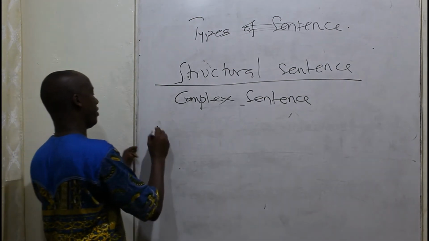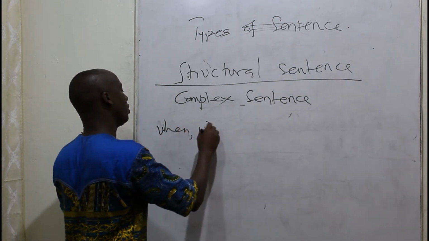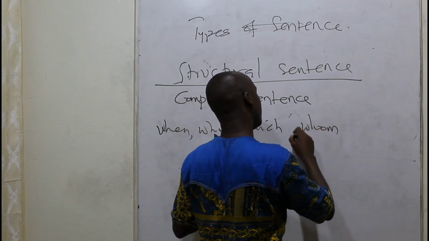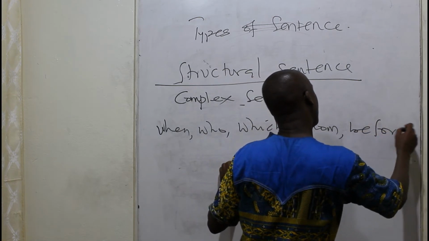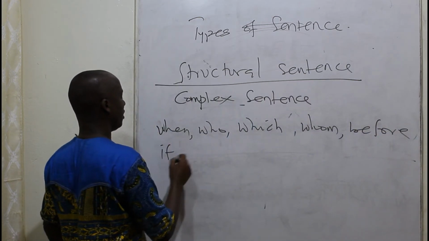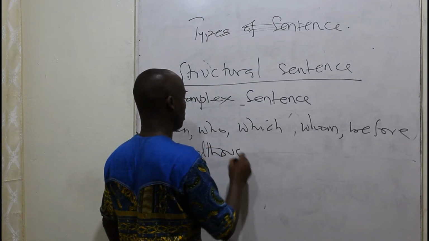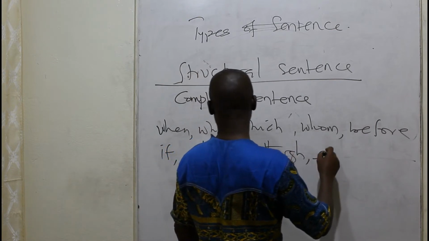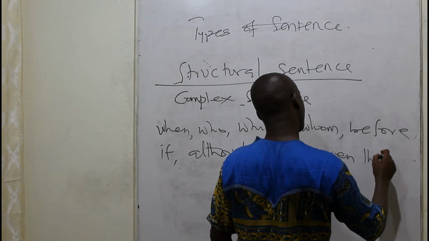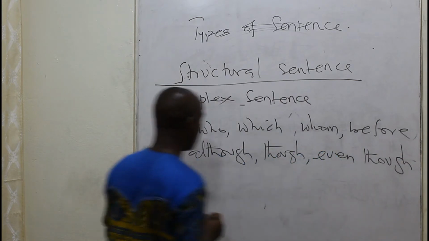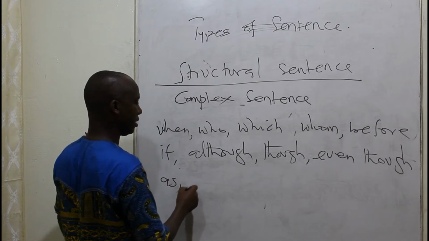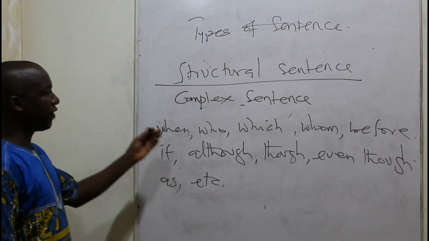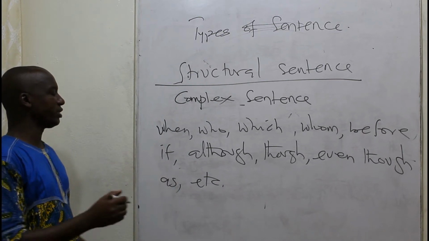We are talking of when, who, which, whom, before, if, although, though, even though, as, etc. These are a few of the subordinating conjunctions.